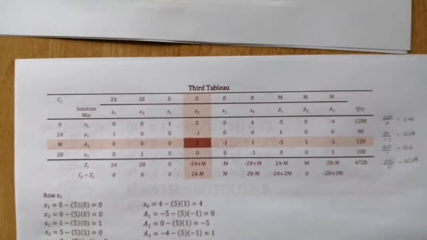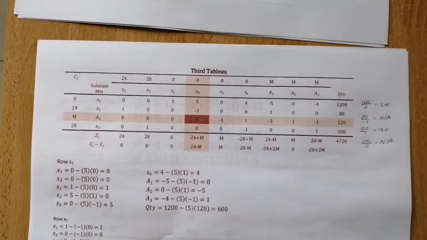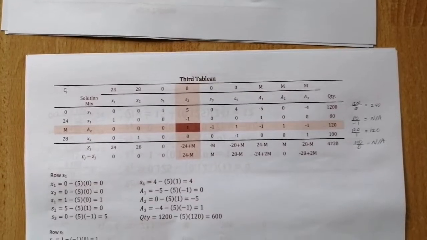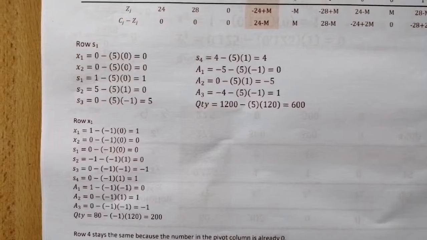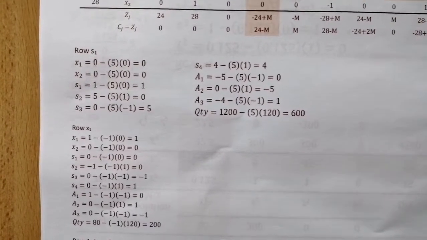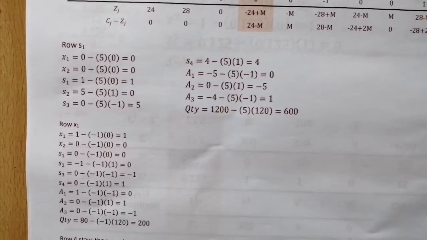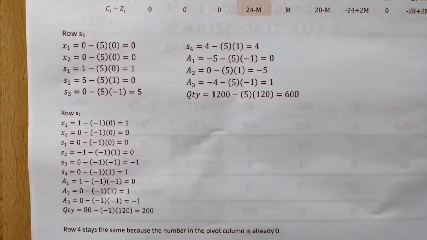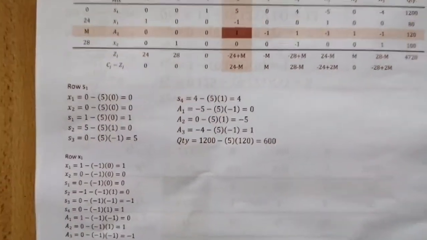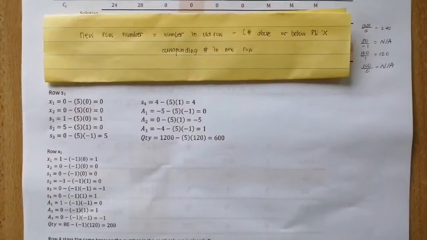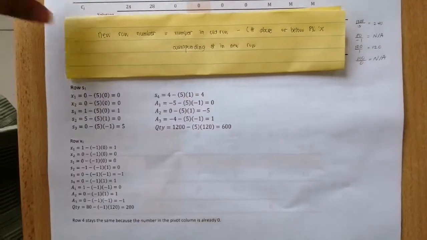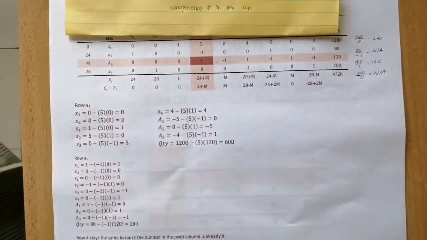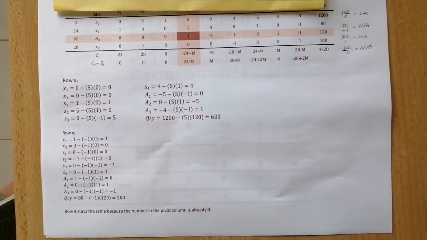We now substitute S sub 1 with A sub 2 as our new basic variable in row 3. Since the pivot number is 1, the new row 3 values stay the same. Performing the elementary row operations on rows 1, 2, and 4, we use the formula to determine the new row numbers of S sub 1, X sub 1, and X sub 2.